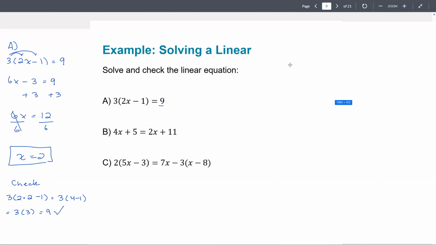All right, make myself a little more space and cut off part of our problem here. So let's do B. B is 4x plus 5 equals 2x plus 11. In here, we are going to do really what's like combining like terms. I have an x term over here and an x term over here.